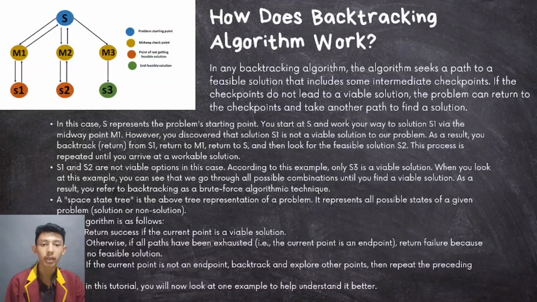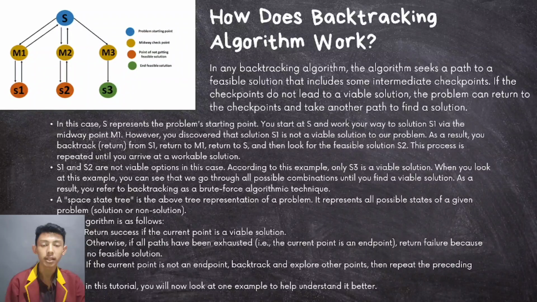As a result, you backtrack, or return from S1, return to M1, return to S, and then look for the feasible solution S2. This process is repeated until you arrive at a workable solution. In this case, S1 and S2 are not viable options. According to this example, only S3 is a viable solution.